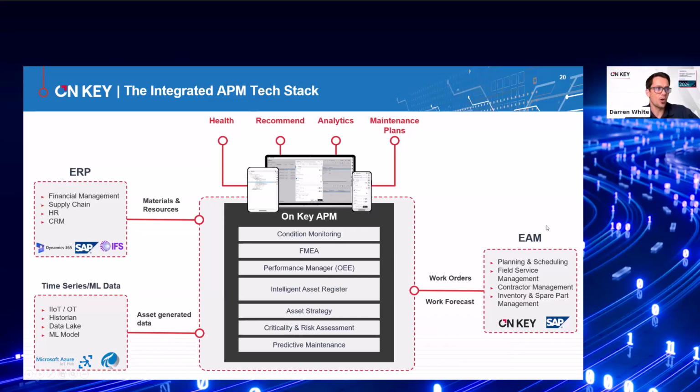And then lastly, the block here to the right is the Enterprise Asset Management platform. If you already have an Enterprise Asset Management tool such as SAP, we can integrate into it to assist with the work execution part. In other words, your planning and scheduling, field service management, and contractor management to automatically create those work orders.